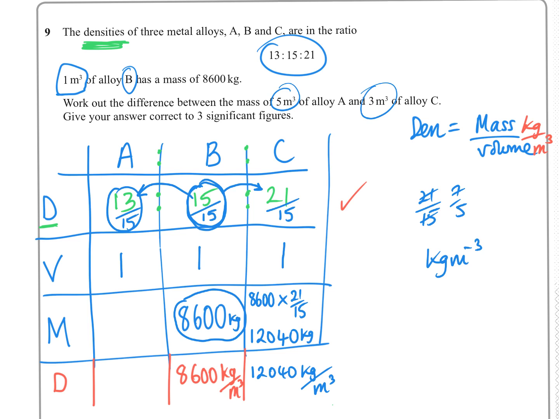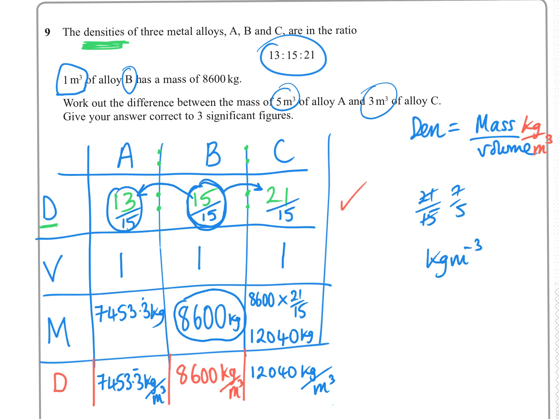So 8,600 times 13 divided by 15 gives me 7453.3 recurring kilograms. So the density of 1 meter cube would be 7,453.3 recurring kilograms per meter cube.